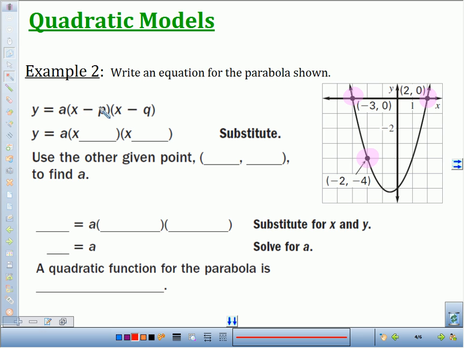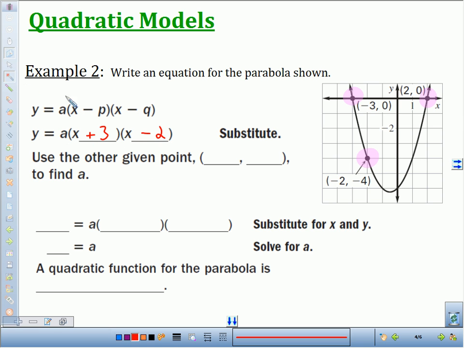Of course, we know that p and q are both x-intercepts, so I'm going to just plug them in. And much like h, these values change their signs. So -3 becomes +3, and 2 becomes -2.